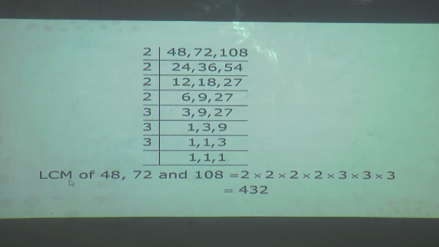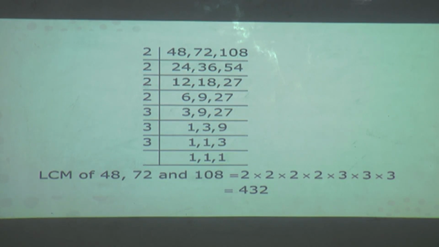So LCM of 48, 72 and 108 is 2 into 2 into 2 into 2 into 3 into 3 into 3. After multiplying all these, we get 432.